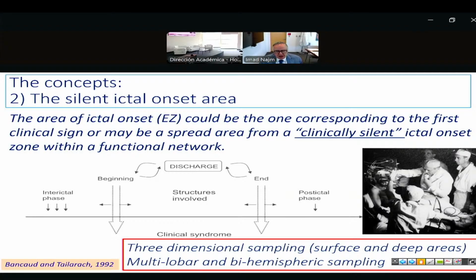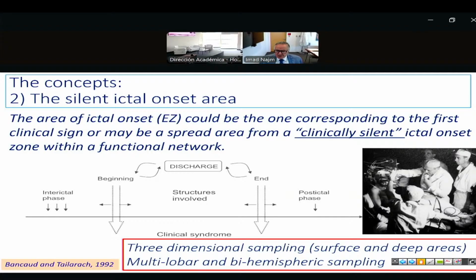But here they expanded this, saying that, of course, the aura or the first clinical sign could be in the seizure onset zone, but we have to consider a spread to that region coming from what we may call silent areas, mainly association areas of the brain, such as the parietal lobe and the prefrontal premotor cortex.